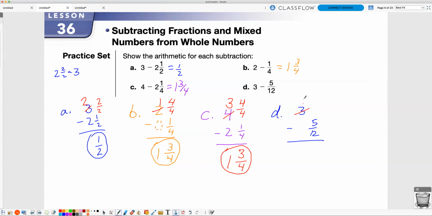I'm going to take this, change it to 2, and I need to use 12 twelfths as the fraction portion of that mixed number, because this is a 12 in the denominator. So I have 12 minus 5 equaling 7. The denominator is 12. And then it's 2 minus nothing there, which would be 2. So the answer to this one for letter D should be 2 and 7 twelfths.